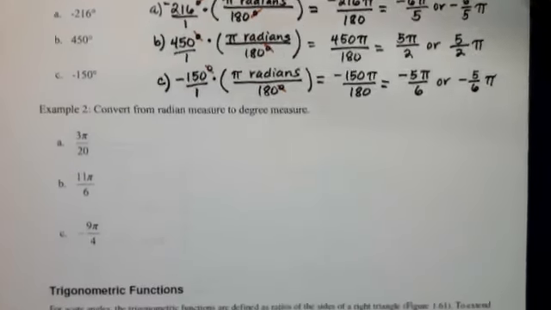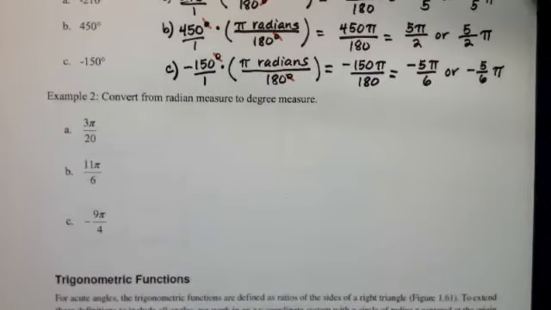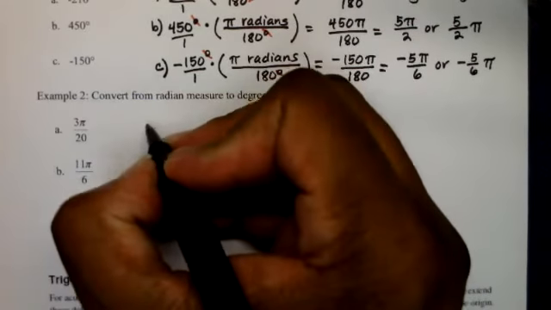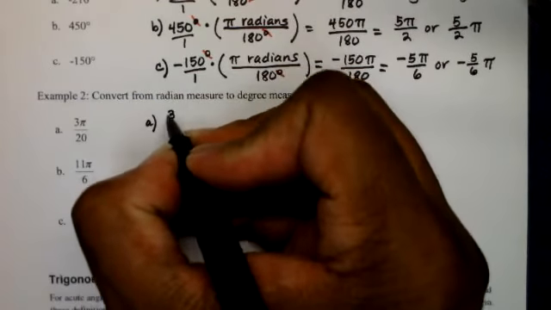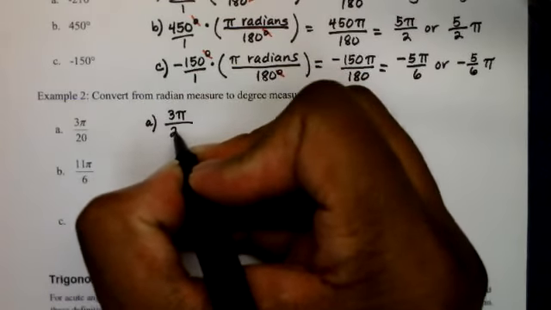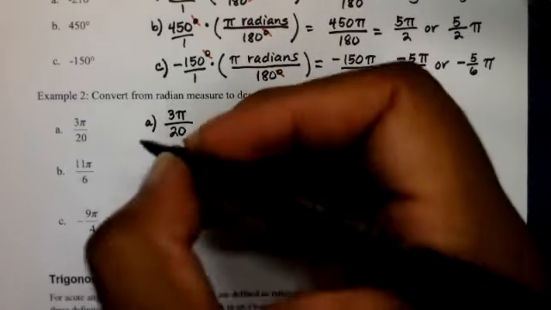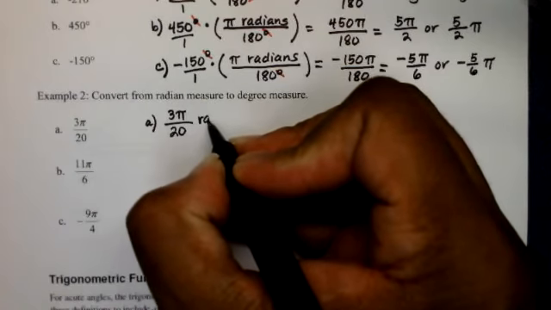All right, example 2 is to convert from radian measure to degree measure. Starting with part A, we got 3 pi over 20. Now I'm going to convert that. And by the way, this is in radians. And I'm going to convert that to degree measure. Okay?